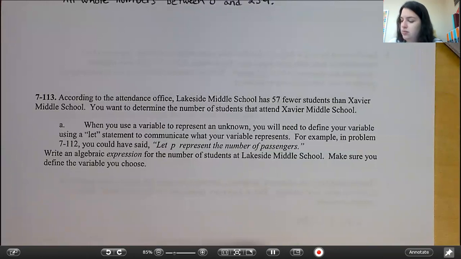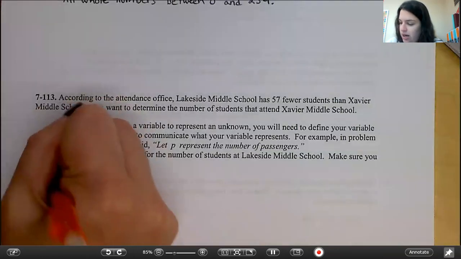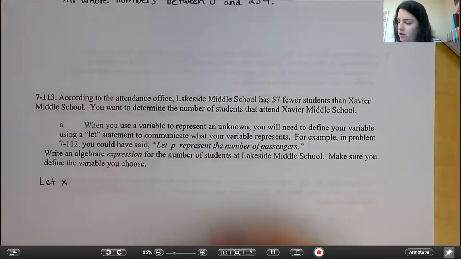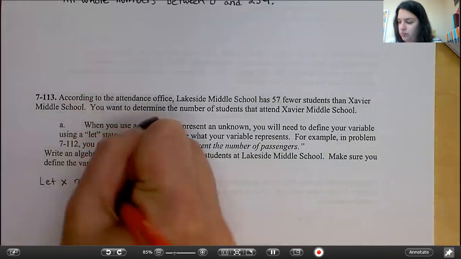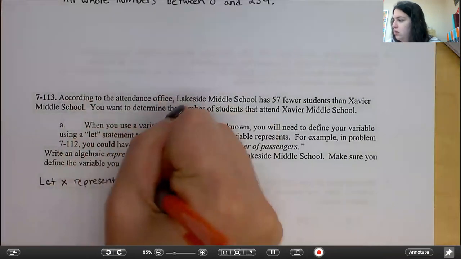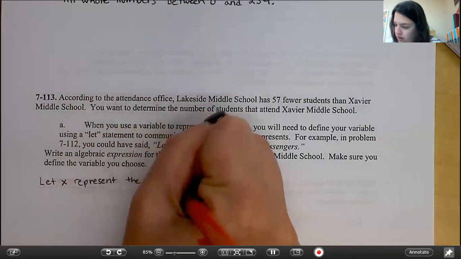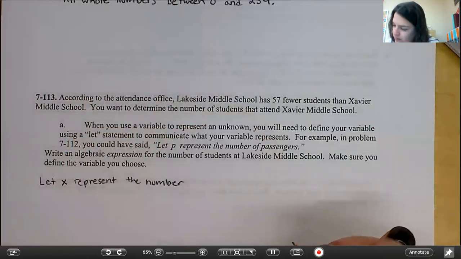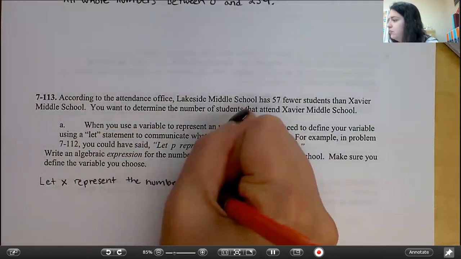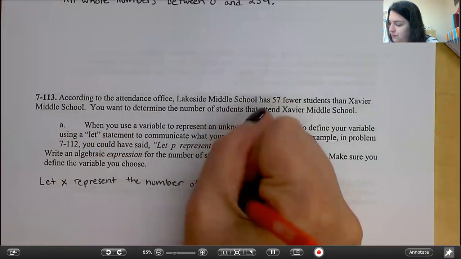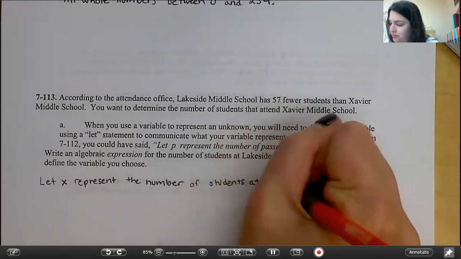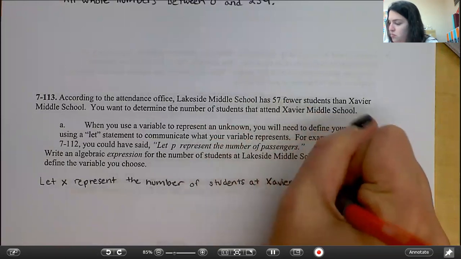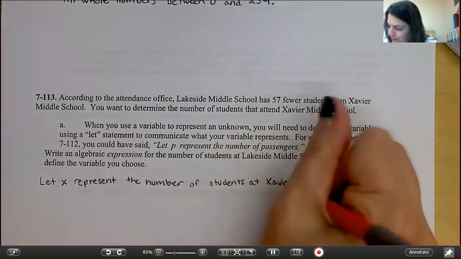So let's use x. So let x represent the number of students at Xavier Middle School.